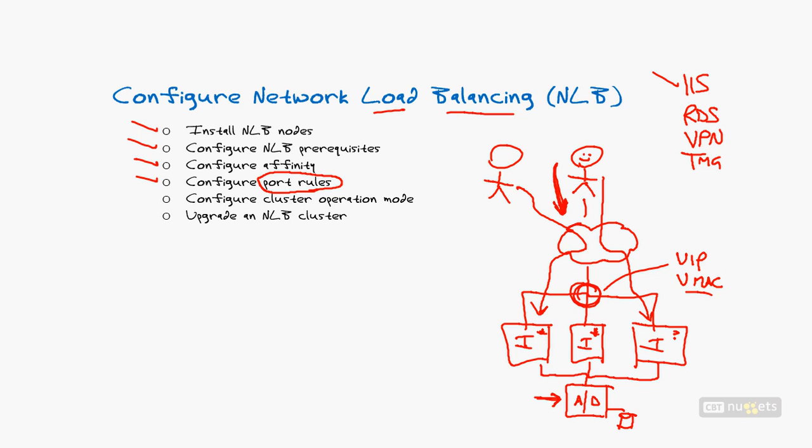Instead, in the IIS case, what you're looking for is load balancing, for example, TCP 80 or TCP 443, depending on whether I'm using HTTP or HTTPS. If you're using RDS, you're going to use 3389, which is the RDS port. The other solutions have different ports. You need to know which network port you plan on load balancing whenever you implement an NLB cluster.